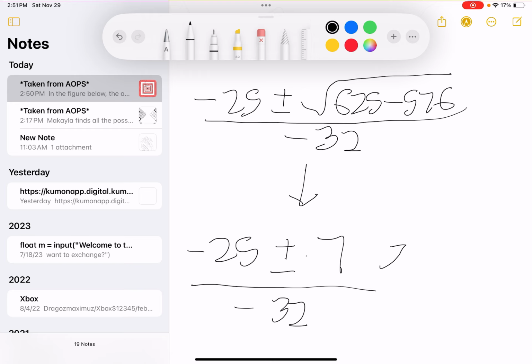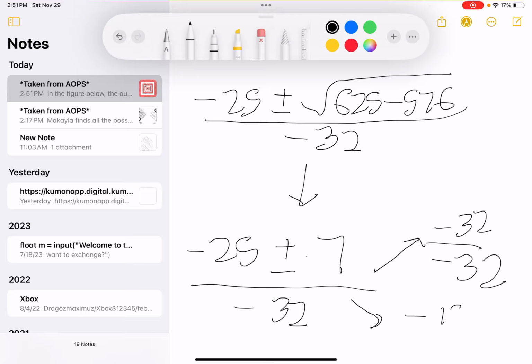So from here we get the answer that we can either have negative 32 over negative 32, or negative 18 over negative 32.